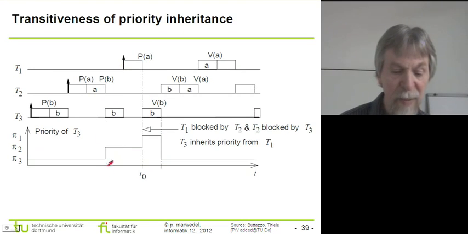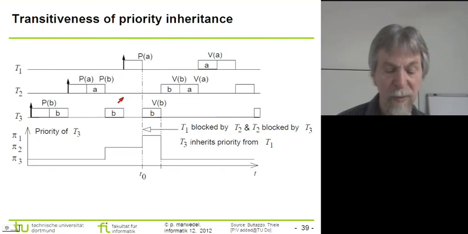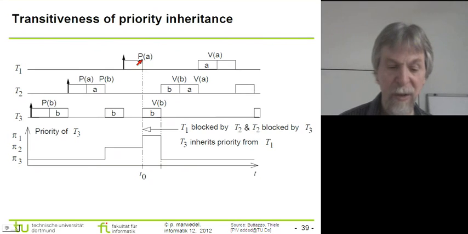So at this time, we are running with the priority of task T2 because we are blocking task T2. Now over here, we are requesting mutual exclusiveness there with an access to A. Now at this time, we are now also blocking task T1, so therefore this task is now raised in its priority.